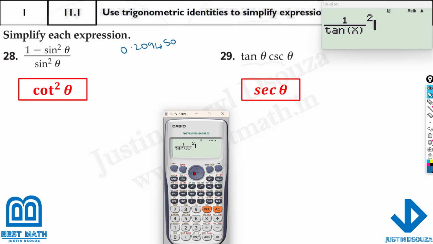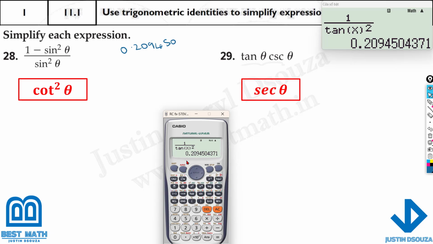This is also correct. Or I can just put the brackets here. This is also correct. Now here, 1 square would be the same thing, right? 1 itself. So I'll just put the square down below. I'll remove all this and put the square here. That is more than enough. Okay, this will be correct.